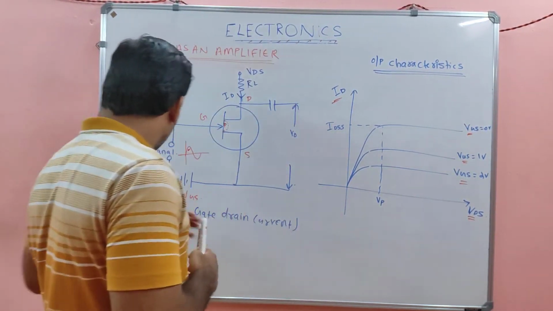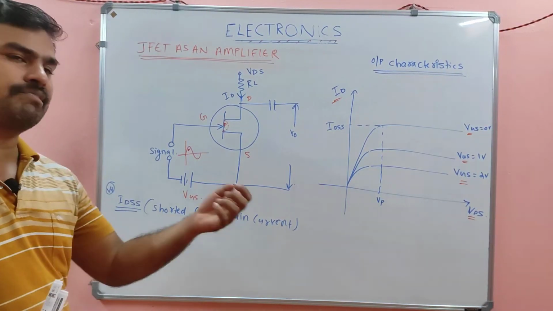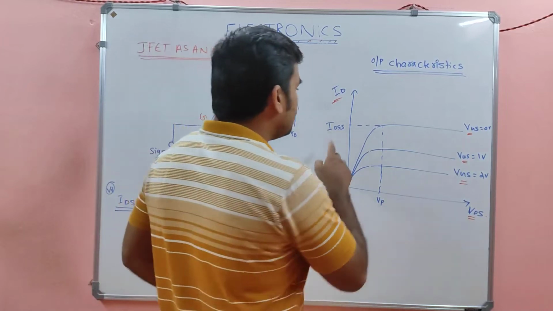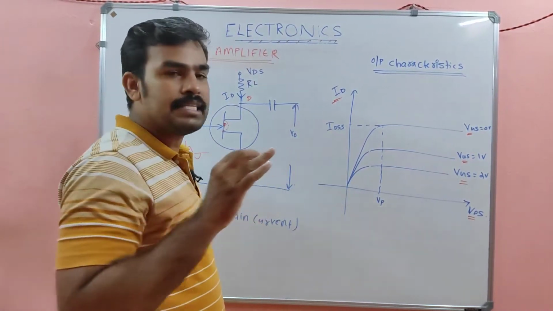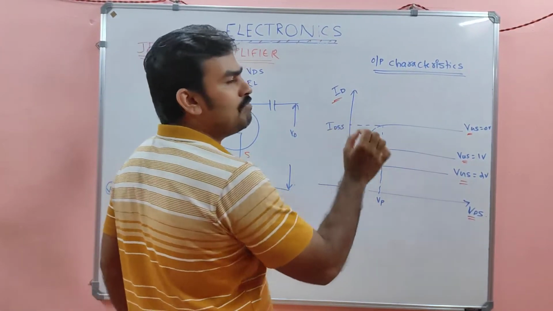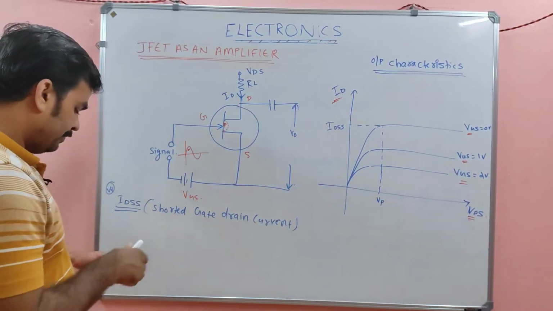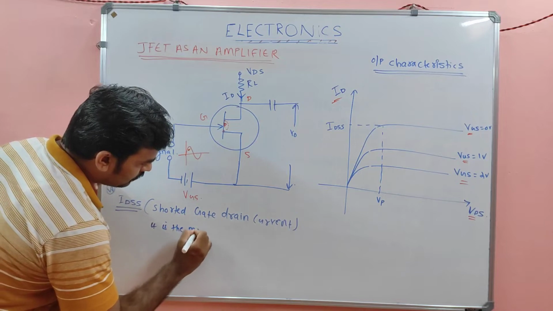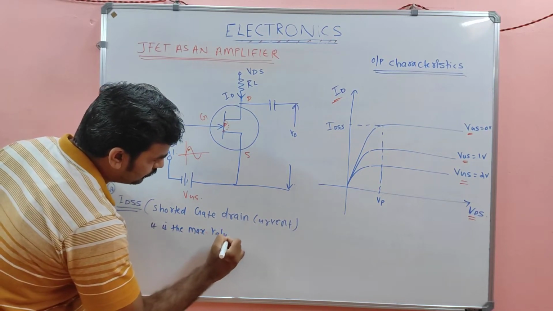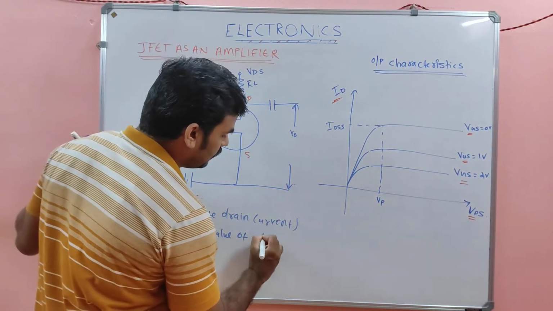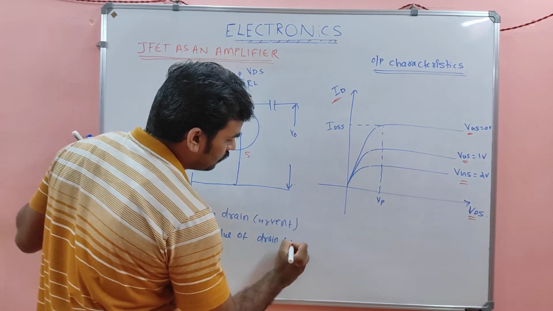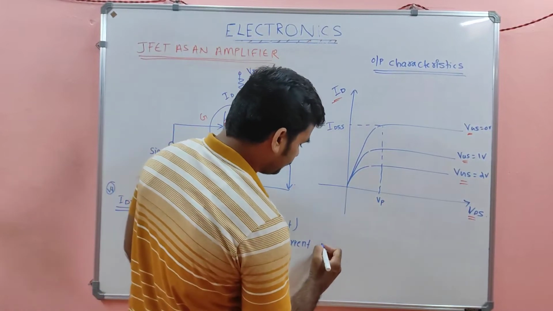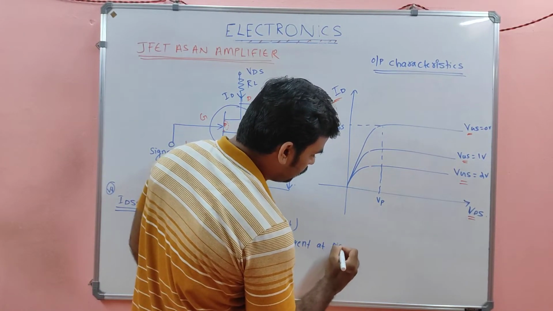And coming to the point, IDSS is the shorted gate drain current. It's a very important parameter in the JFET. So what is meant by IDSS, my dear? IDSS is nothing but the maximum value of drain current at the pinch-off voltage.